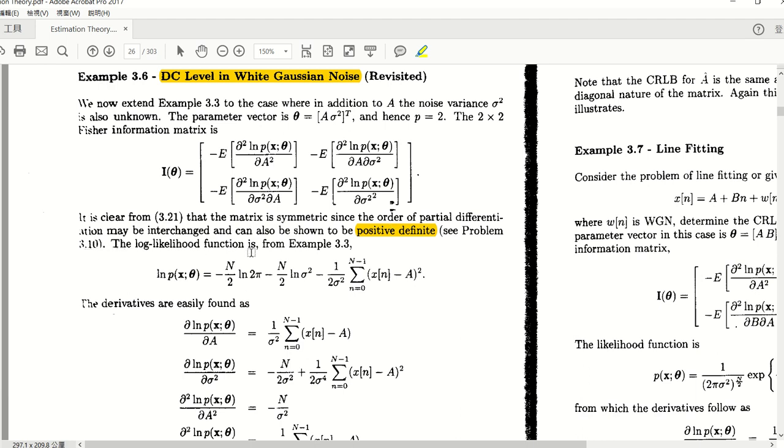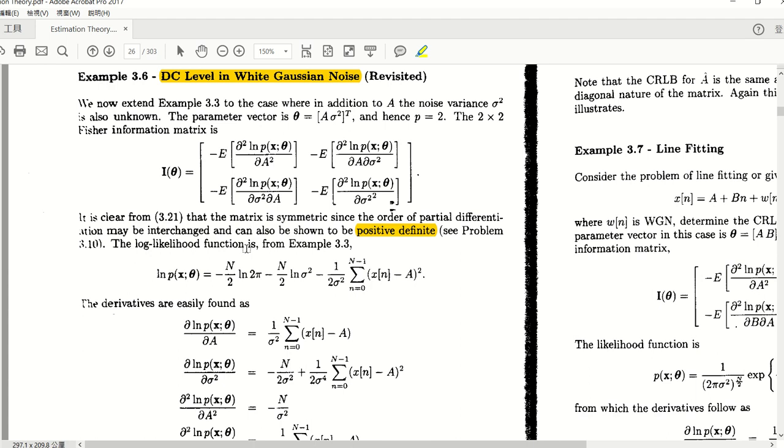Okay, so the log likelihood function can be written this way. Ln p(x; theta) is equal to this. How come? Recall this is the log likelihood. You write it into the Gaussian distribution and then take the log.